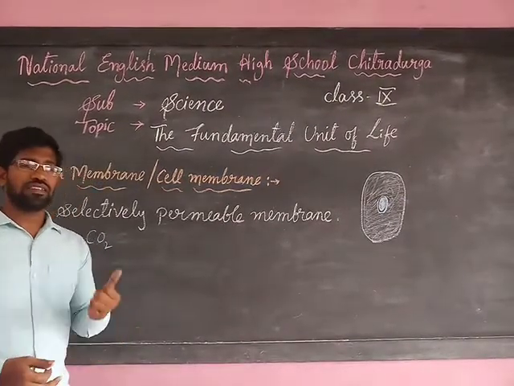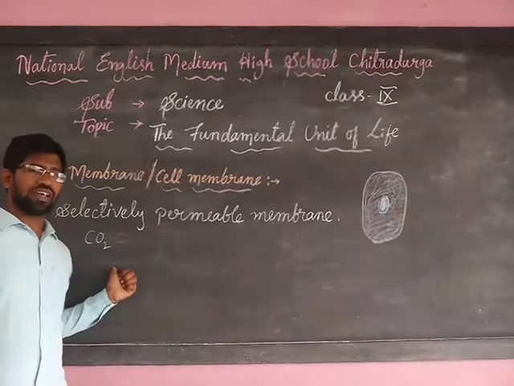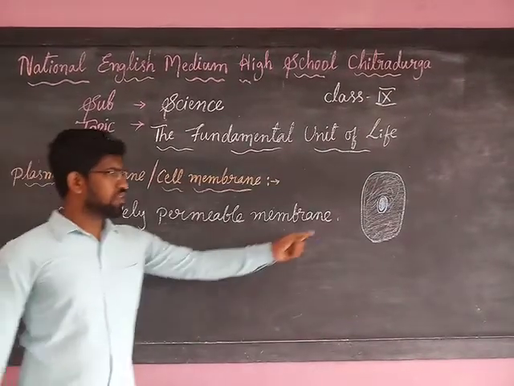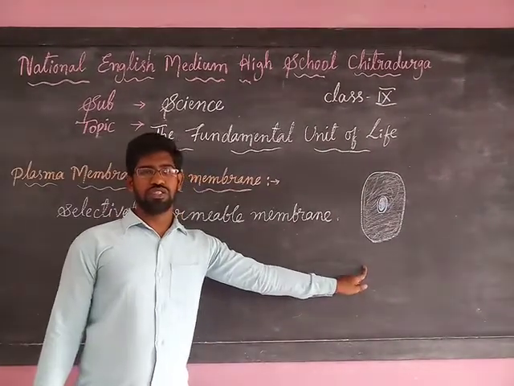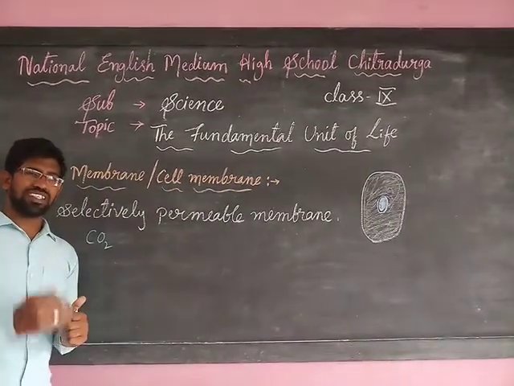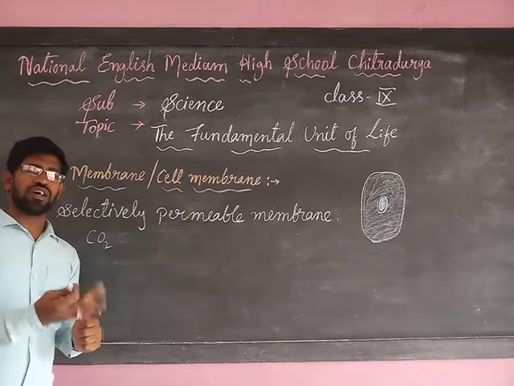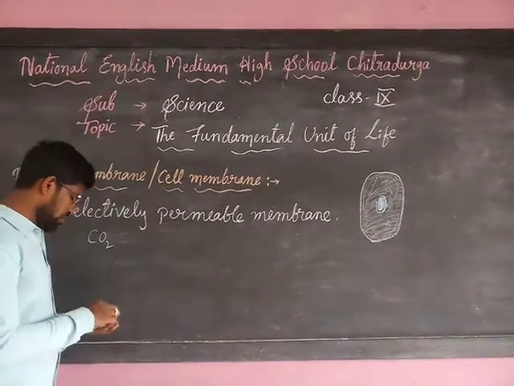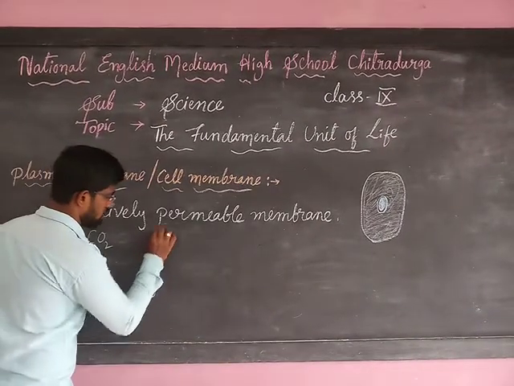Otherwise we can say the cell removes the carbon dioxide out of the body through this membrane. Understood? Such a process of removing the carbon dioxide from inside the cell to the outside environment happens through the process called diffusion.